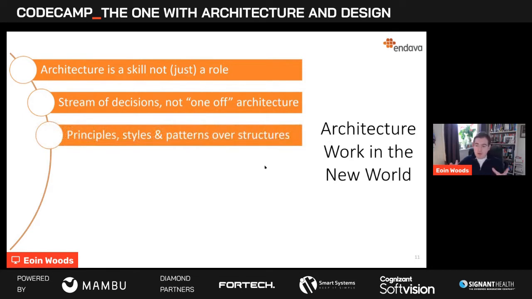And rather than defining the structure of the system, the thing that will not change, it's become much more about saying, here is the type of structure that we need to achieve and why. And to achieve that structure, there's a certain architectural style or styles we're going to use. For example, we are a message-driven, event-driven system with a blackboard in the middle.